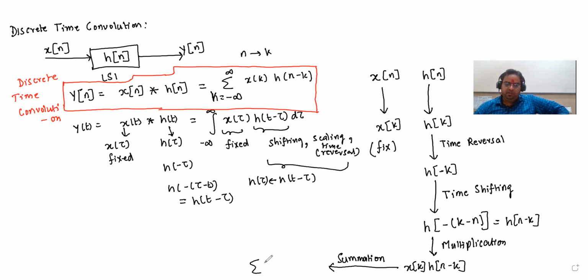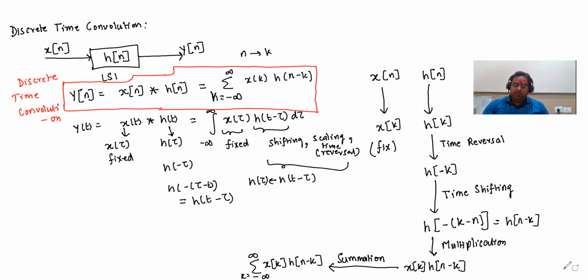We get the summation of x of k, h of n minus k, where k varies from minus infinity to infinity, in the similar manner as tau was varying from minus infinity to infinity. These are the steps that we perform to do convolution in discrete time signals and systems.